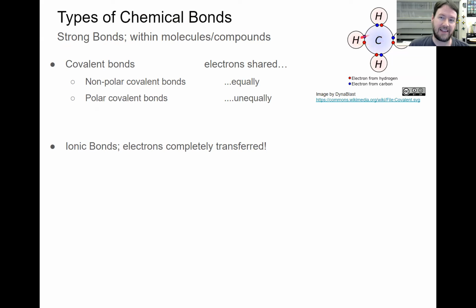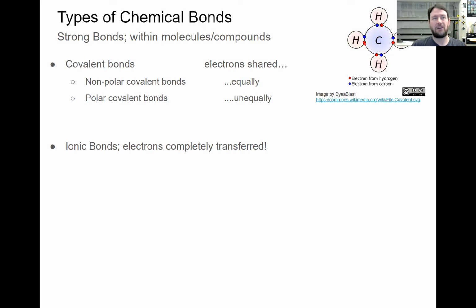If we ask each atom how much it wants those electrons, the answer is, about the same, actually. So when carbon and hydrogen get together, carbon has 4 empty spots in its outermost shell, and hydrogen has 1 empty spot in its outermost shell.